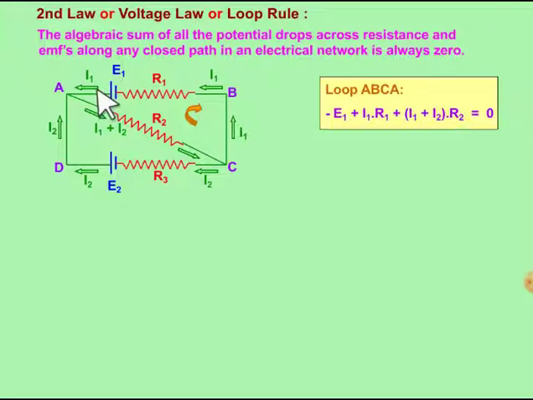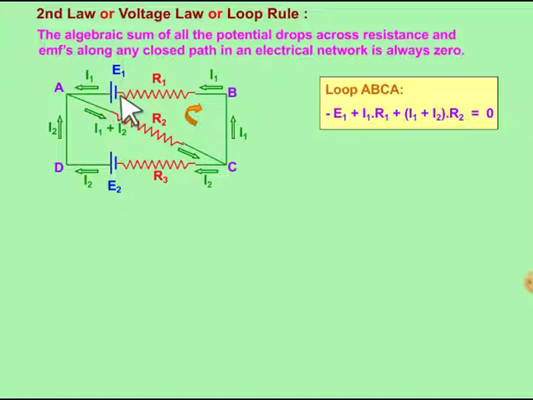Through the electrolyte of the cell, or rather inside the cell itself, not from outside. So the EMF is taken negative when we traverse from positive to negative terminal of the cell through the cell itself, or you can say through the electrolyte, otherwise it will be taken as positive.